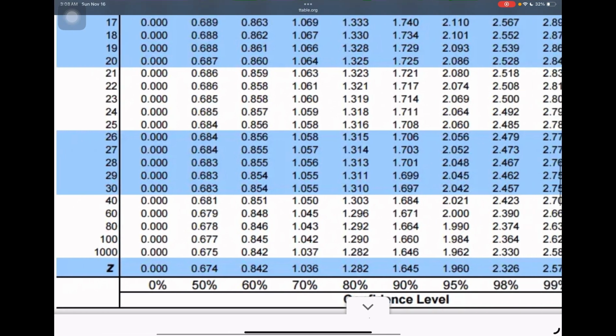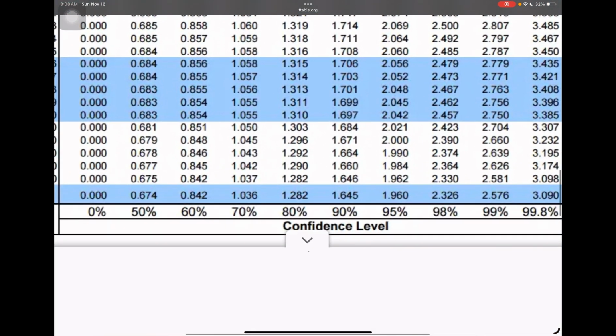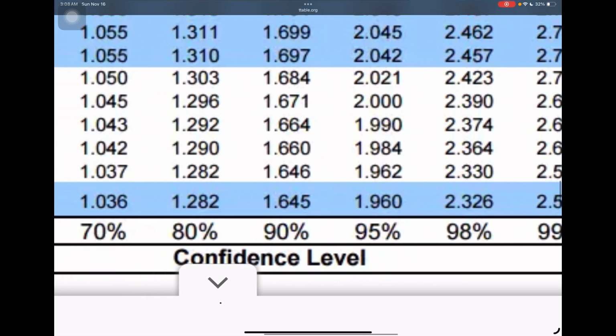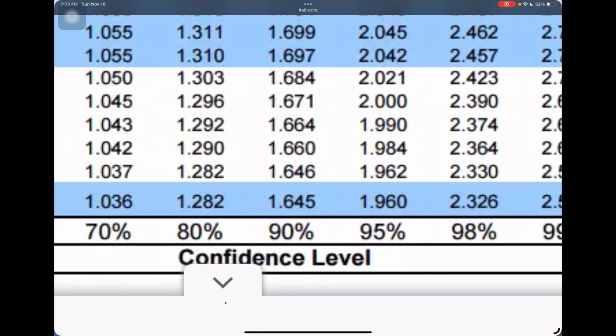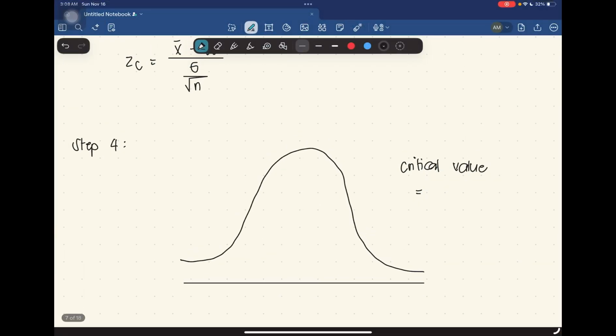So, from Z, tas ang ating level of significance ay 0.05. So, ang ating critical Z value is 1.645. So, sabihin natin, siya ay nandito.